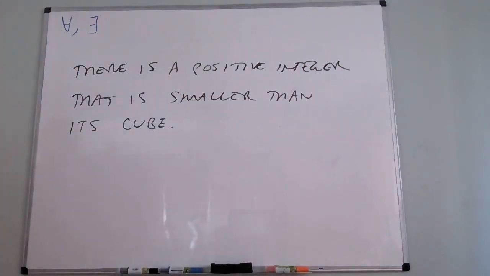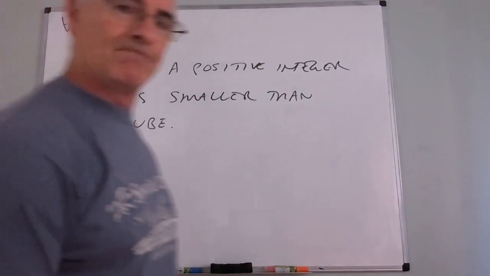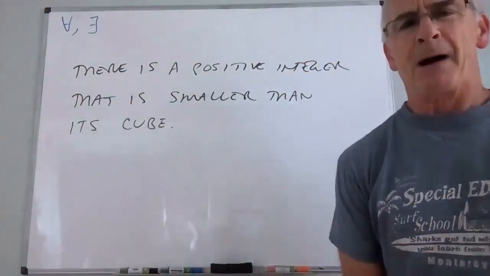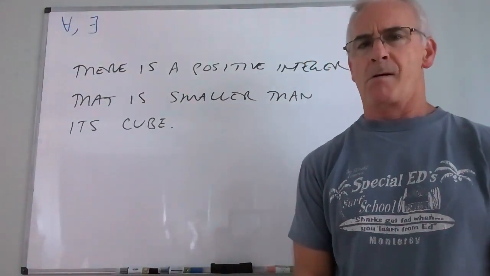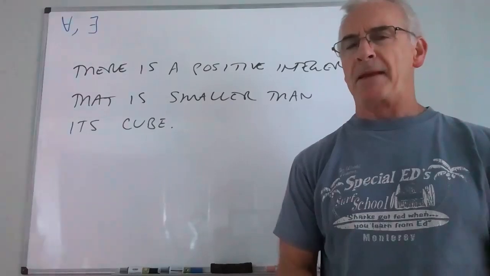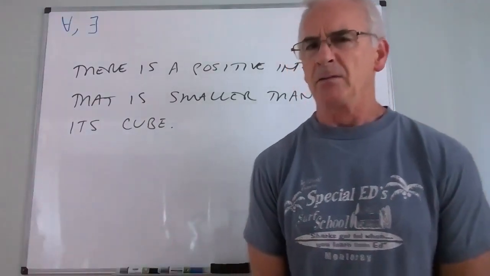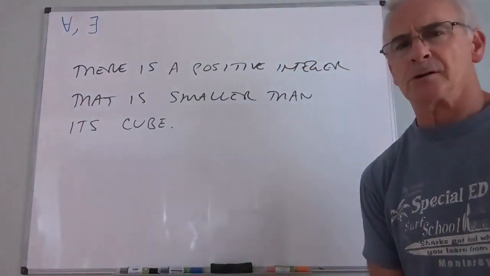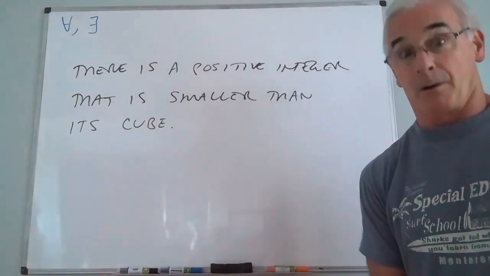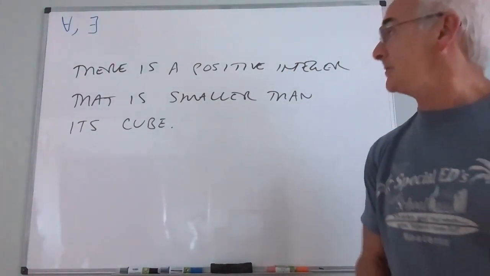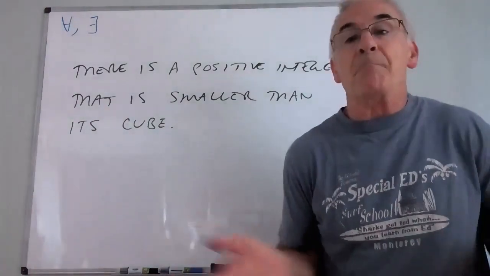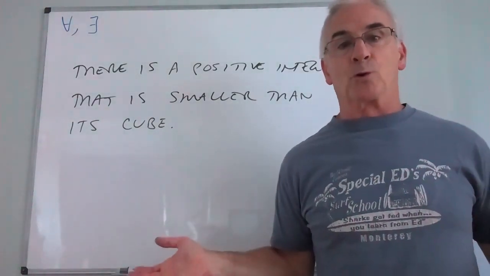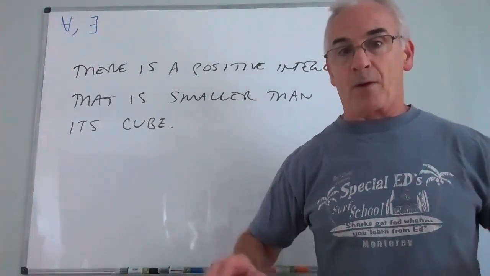There is a positive integer that is smaller than its cube. I would like to write this in symbolic notation. Am I saying all positive integers are smaller than their cubes? Am I making an absolute universal statement here? No, I'm not saying all. Are there a lot of positive integers that are small? No, again, it doesn't matter if something's true or not. That's not the point. I want to translate.